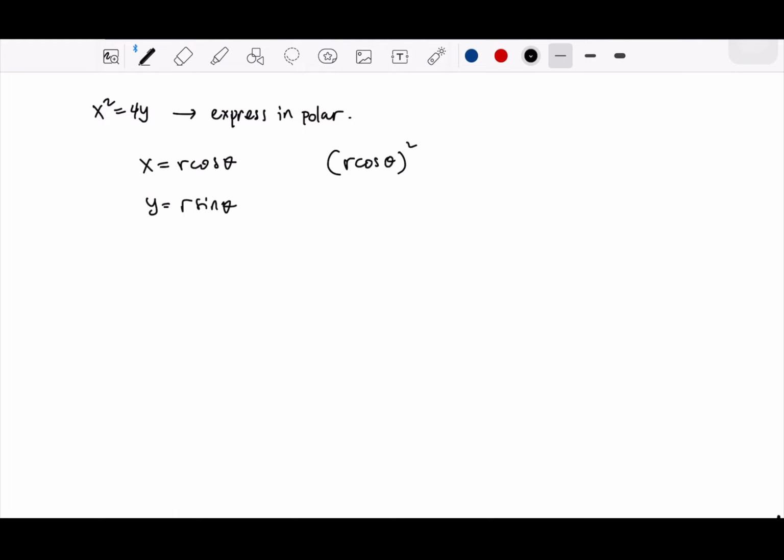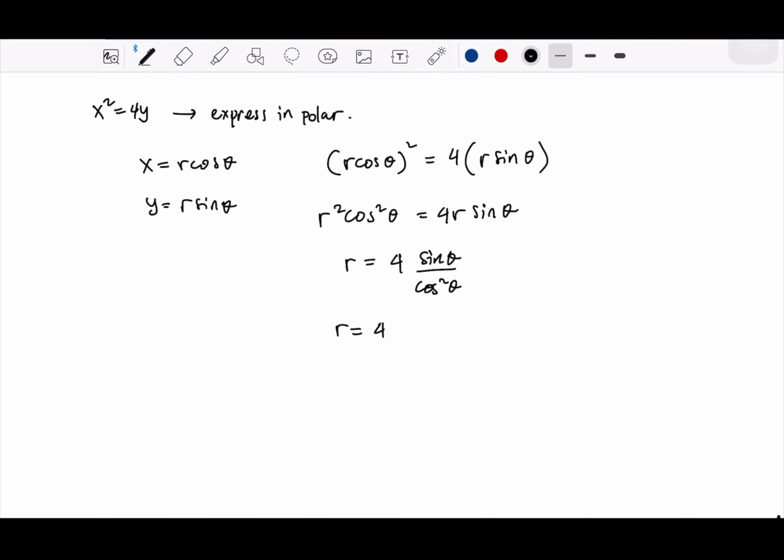So we substitute, and we have this, and then we can solve for r. And then r is 4 secant theta tangent theta. This will be our equation in polar.